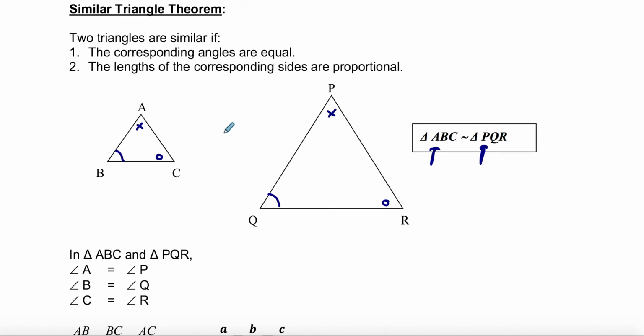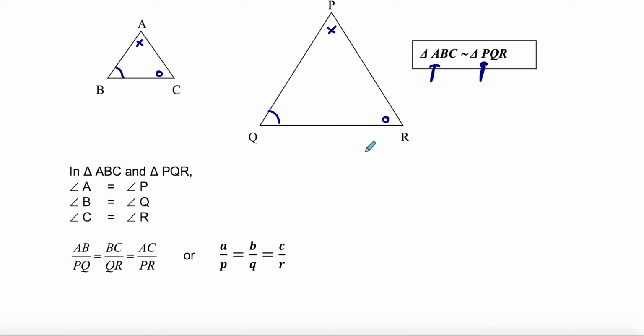So for example, if one of these sides is unknown, we can set this up as ratios, like this side over this side is the same ratio as this side over this side, and we can solve for the unknown if that's familiar to you. The angles are all equal to each other because the triangle, no matter how big it is, still has to add up to 180.